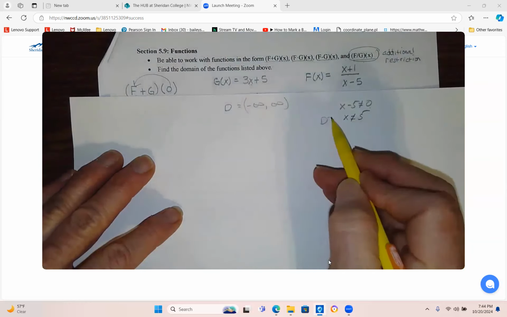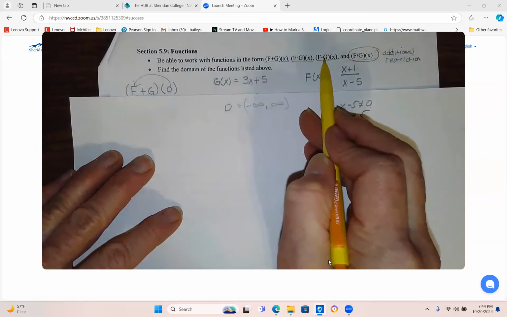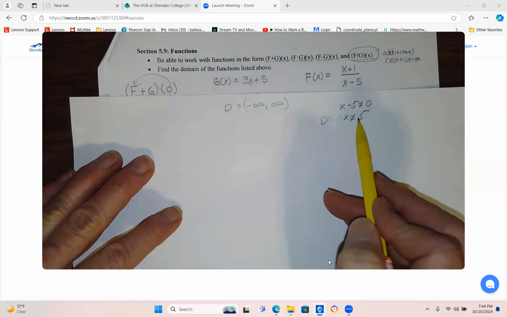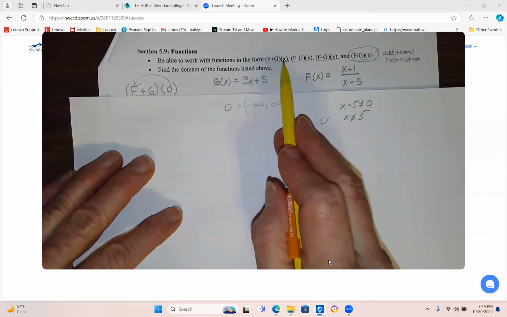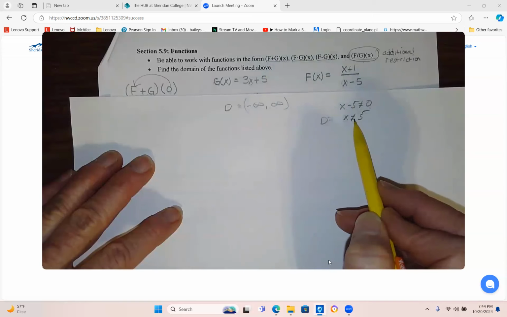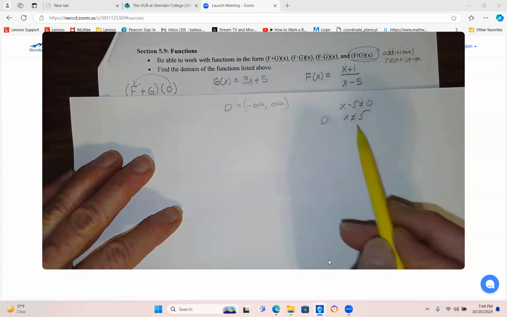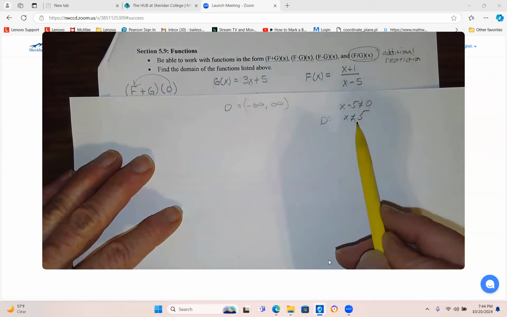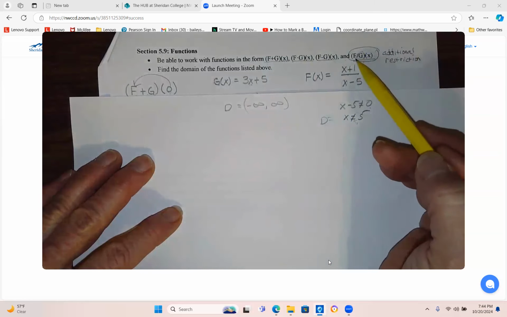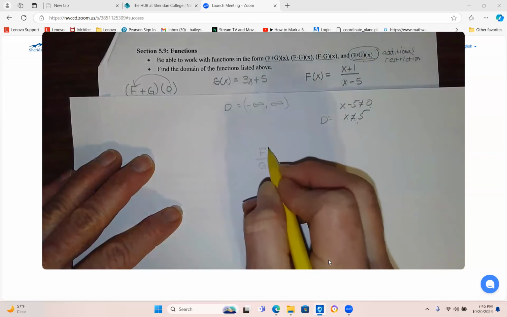So this domain is limited, which means all of these are going to also be limited by this. So the domain of f plus g of x is x cannot equal 5. The domain of this, x cannot equal 5, because this one didn't limit it. This one, x cannot equal 5. This one, x cannot equal 5, but this g, which is now in the denominator, I can rewrite it to look like that.